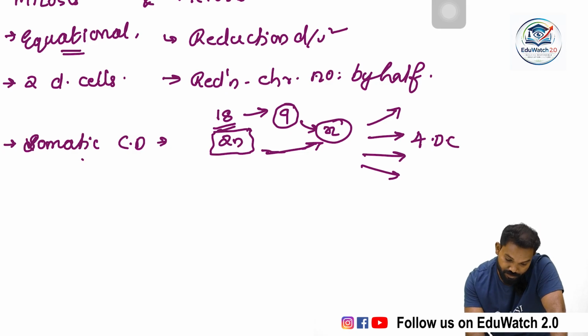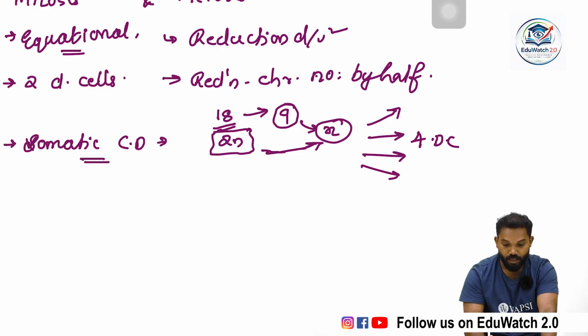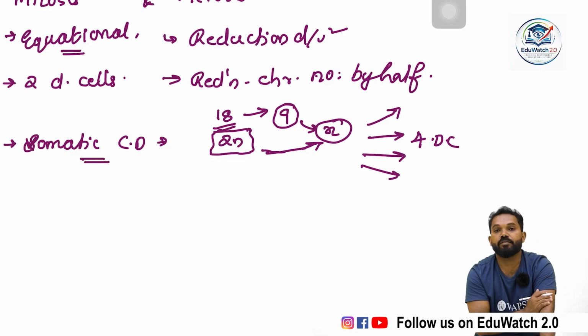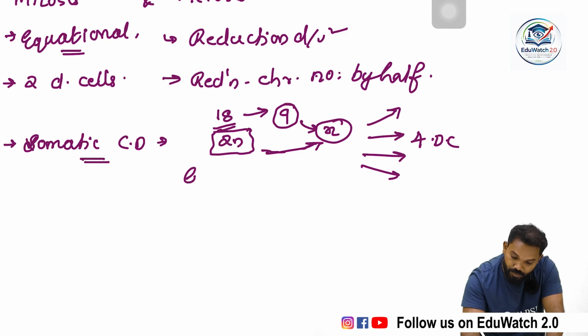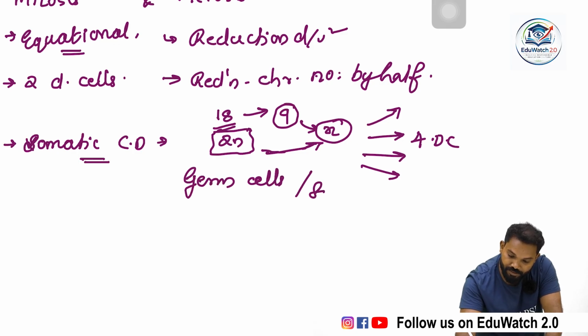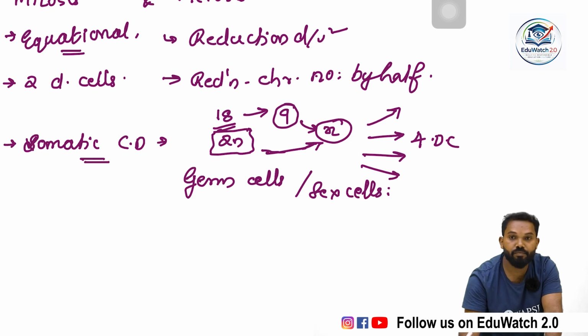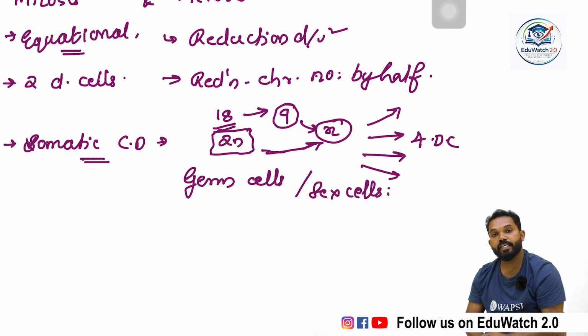So this one is somatic cell division, and the meiotic division takes place only in germ cells or sex cells, which means the formation of gametes through meiosis.